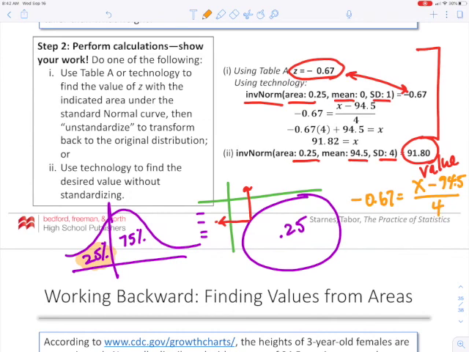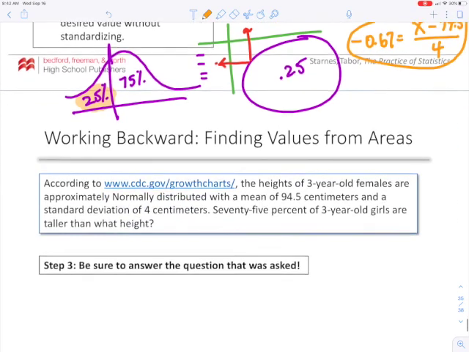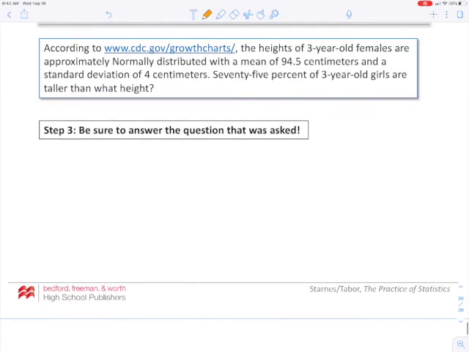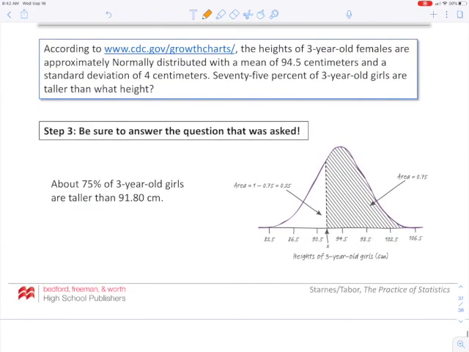So if you're using the table or the standardized normal distribution in your inverse norm, you then have this equation that you have to solve, which is shown right here. Multiply by 4 and then add 94.5. We get 91.82 versus 91.8, very similar values. So now we need to actually answer the question. About 75% of 3-year-old girls are taller than 91.8 centimeters.